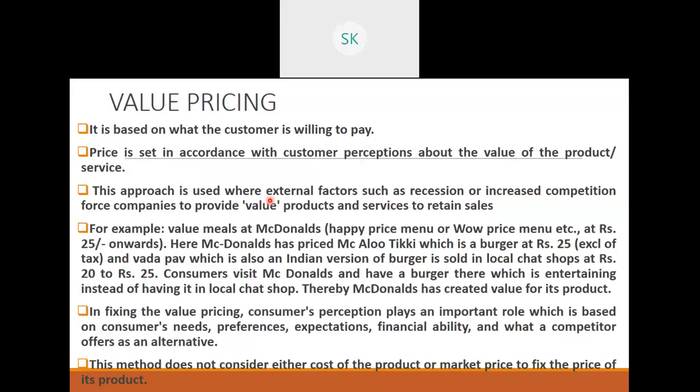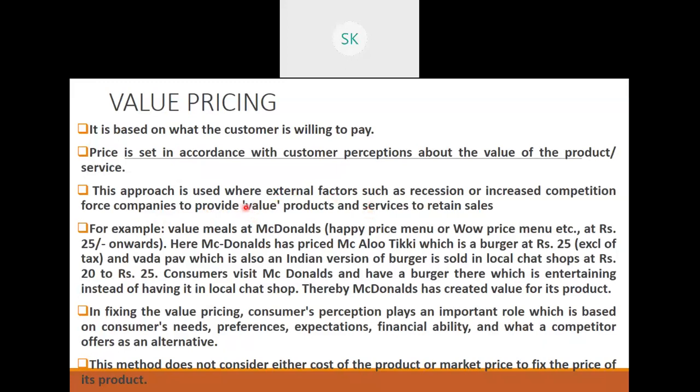If I believe that the price he or the shop or the company is charging is proper and I am happy paying that price, then that is called value pricing. This approach is used where external factors such as recession or increased competition force companies to provide value products or services to retain sales.